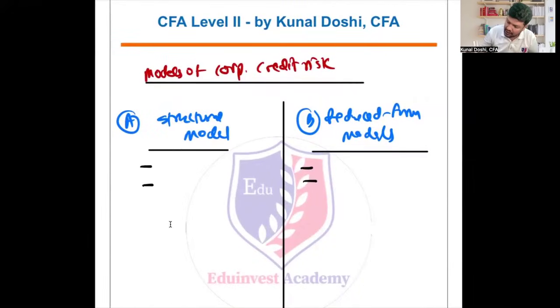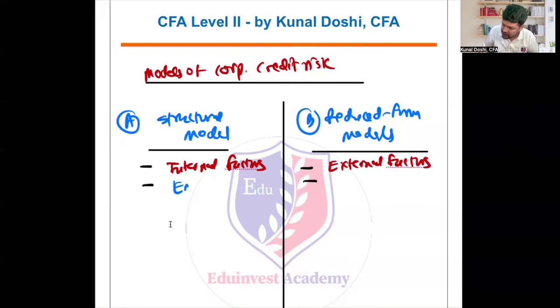These are based on external factors. So that's why these are called endogenous, and these are called exogenous, outside factors, internal, outside, right?